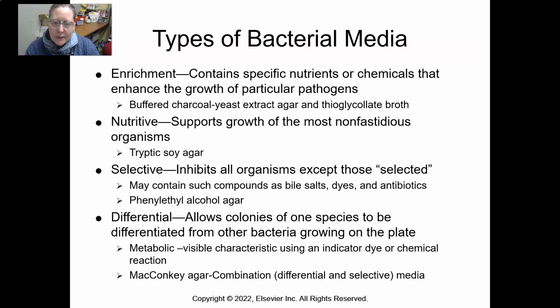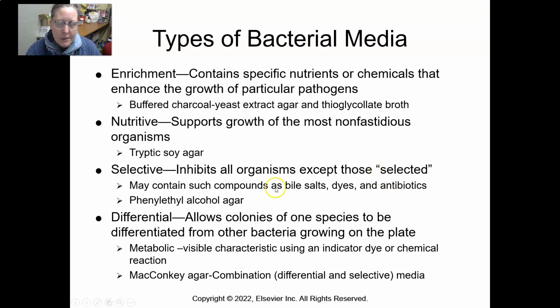If it is selective, it inhibits all organisms except those that are selected. So it could select for only allowing gram-negatives to grow, or it can select for only allowing gram-positives to grow, for example. So it could contain compounds such as bile salts, that's what's in MacConkey, dyes, and antibiotics.